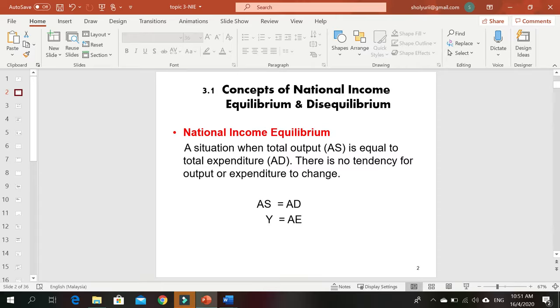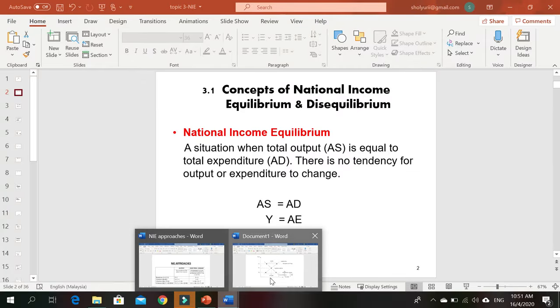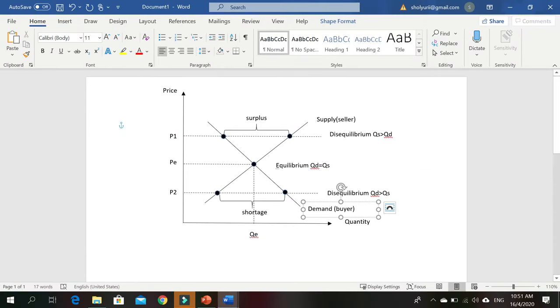Aggregate demand is equal to aggregate supply. Okay, so once kita dapat equilibrium, this is the best point for both the buyer and seller. Inilah harga yang seller setuju untuk jual dan inilah harga yang buyer setuju untuk beli. So this is the best price for both parties lah. And this is the amount that is supposed to be in the market. Maksudnya inilah jumlah barangan yang buyer nak beli dan seller pun jual banyak tu.